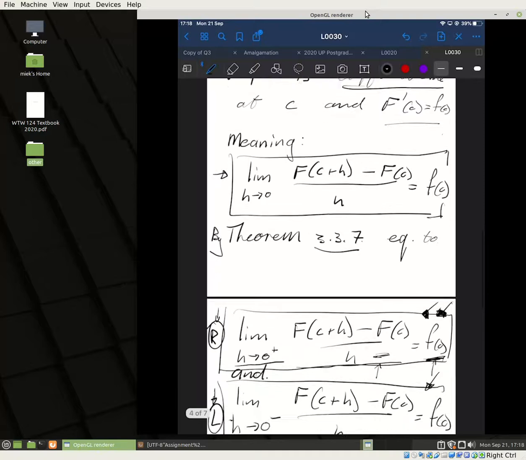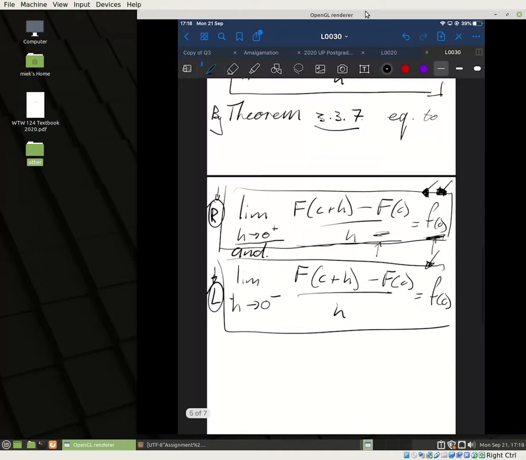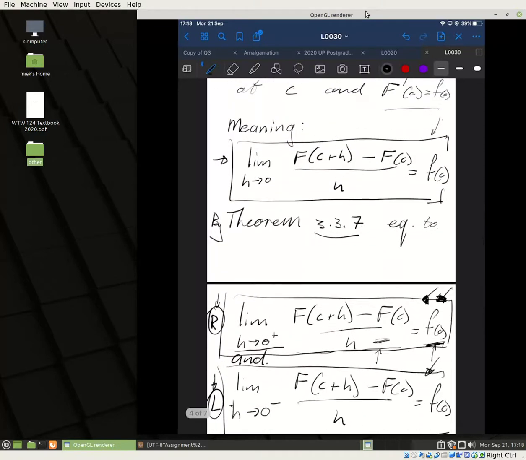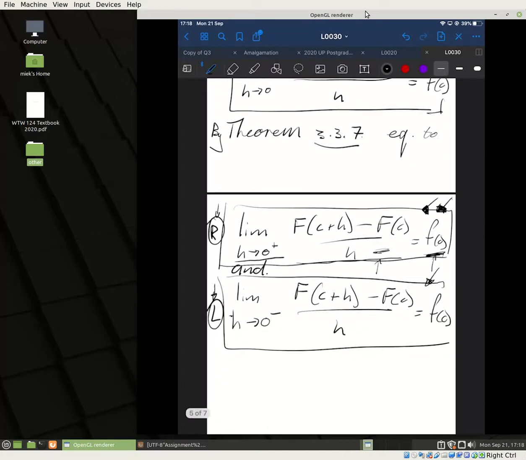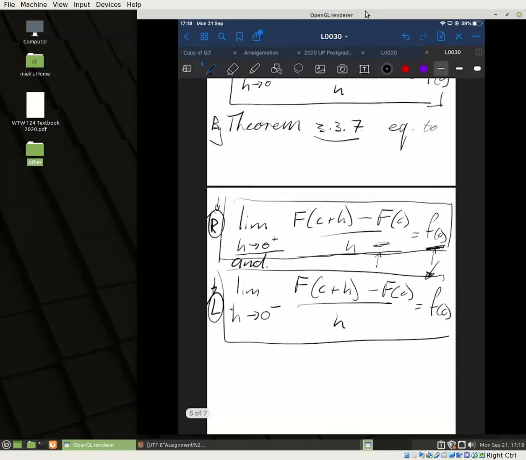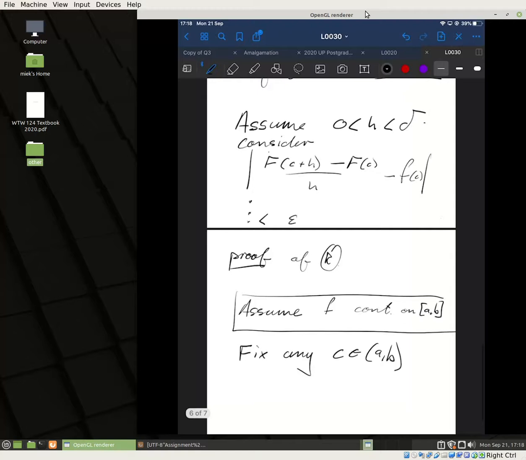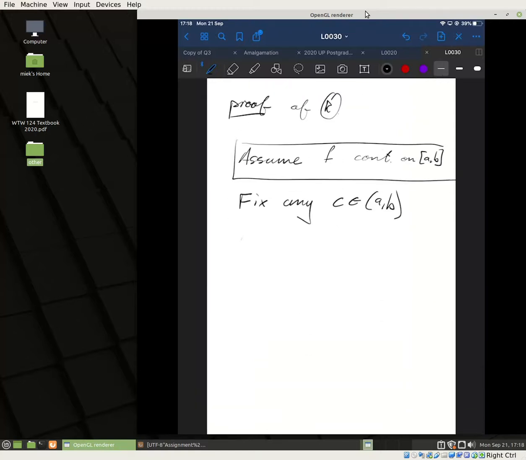And we have discussed exactly what we need to prove and how we can split this statement up into two cases, the left limit and the right limit. Okay, so fix any c.